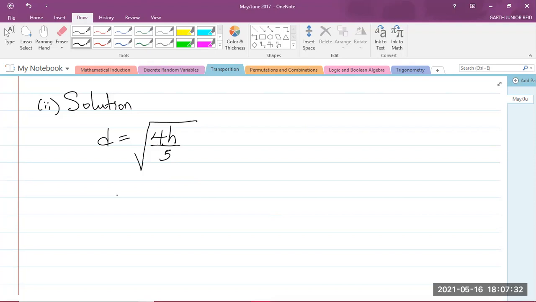So the first thing that I'm going to do is to remove the square root. How do I remove the square root? Recall, if I have the square root of a, that can be written as a to the power of 1 over 2, from our laws of indices.